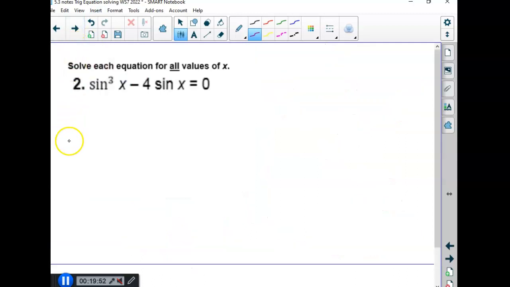All right, so what could we factor out of this bad boy? This is a messy one. What could we factor out here? We've got it cubed, but we can take a sine x out. If we had a sine cubed and we took one of the sines out, we'd still have a what? Sine squared of x. Minus 4 sine x, we took the sine out, we'd still have a minus 4.